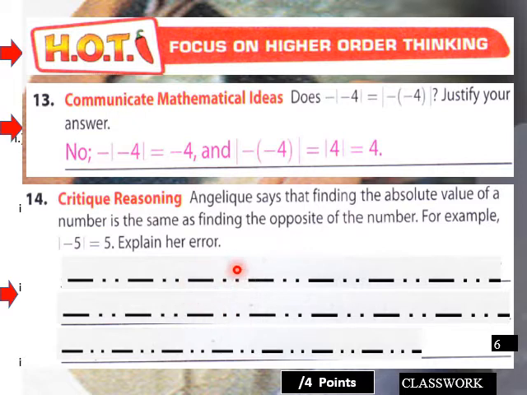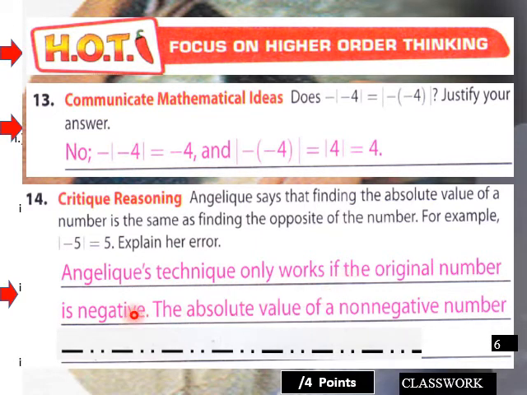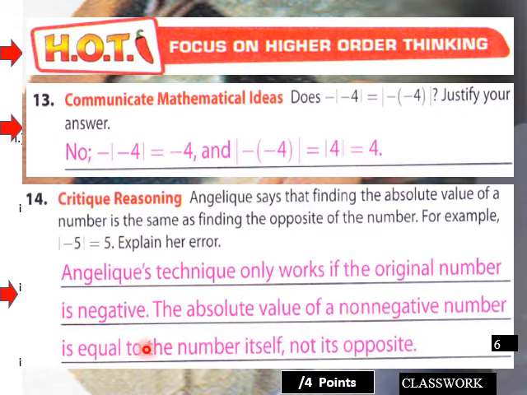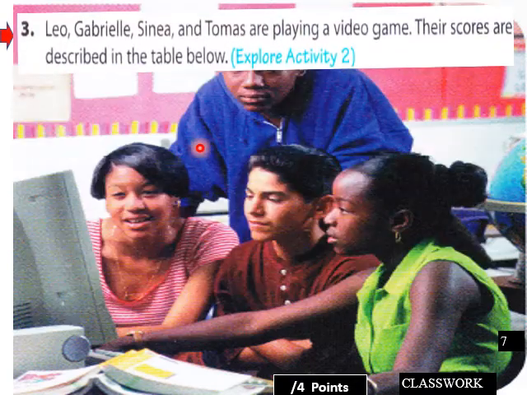And then after you give them 5 minutes, let's go through the answer. Angelique's technique only works if the original number is negative. The absolute value of a non-negative number is equal to the number itself, not its opposite. So I hope everybody has that clear.